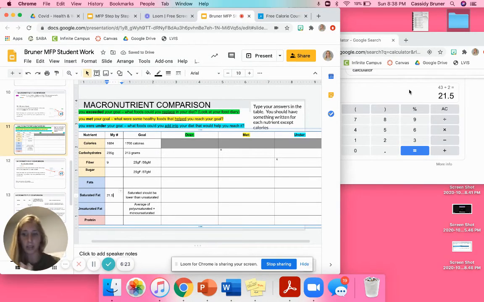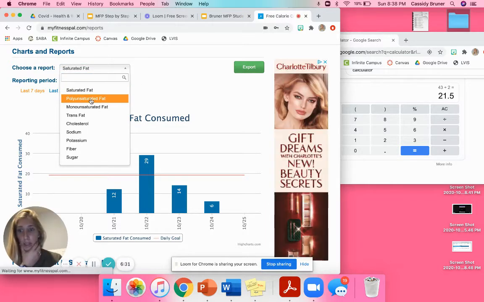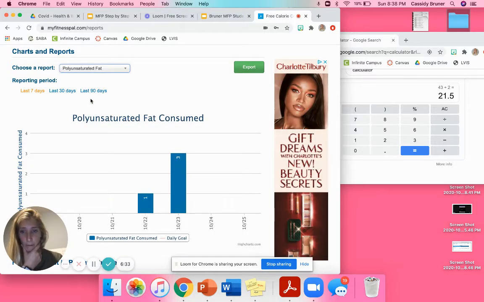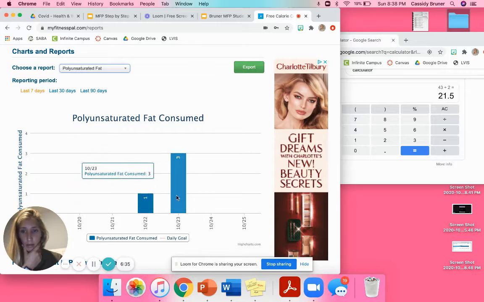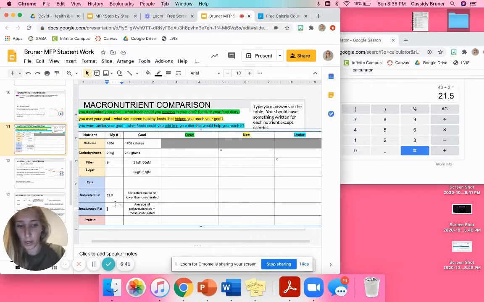Okay, now this is where it's going to get a little bit confusing and involve a little bit of math, so make sure you're following along. I'm first going to do polyunsaturated. I'm going to add my numbers for these 2 days, 10/22 and 10/23. I had 1 and 3, so 1 plus 3.